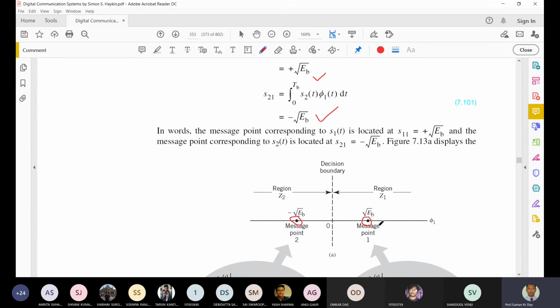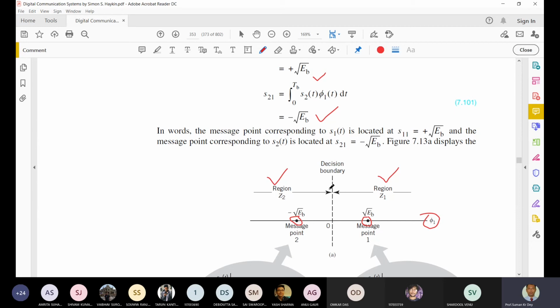These are the two message points, and phi 1 is the single basis function. We divide the signal space into two regions, Z1 and Z2, because the number of Z regions is the same as the number of symbols present in the system.